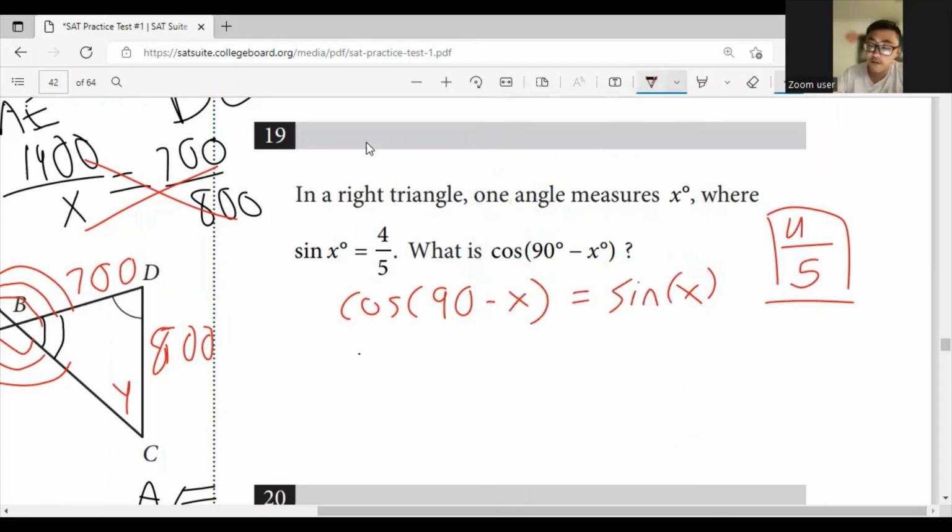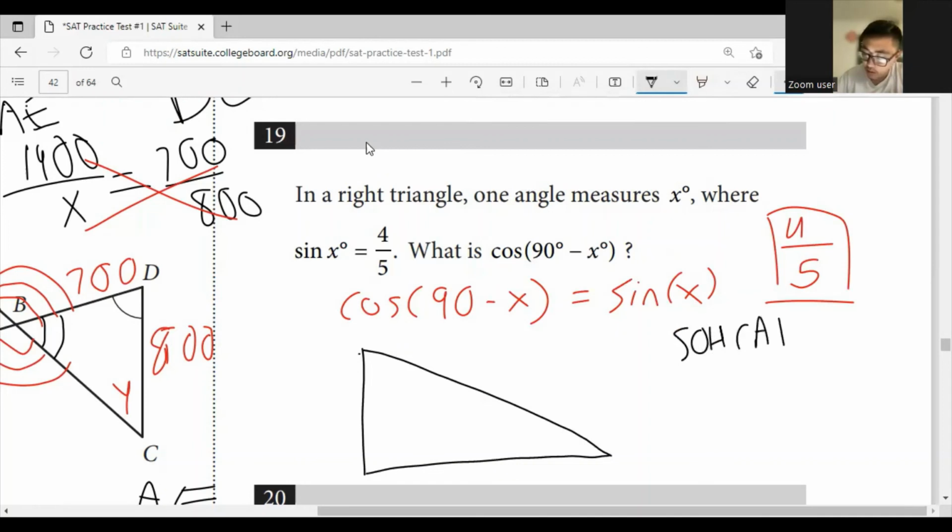Well, let's draw it out, right, guys? The only thing you need to know about trigonometry on this test is something called SOHCAHTOA. And if you don't know what that is, I would recommend searching it up to understand what it is. So I'm given a triangle and we are given some angle x.